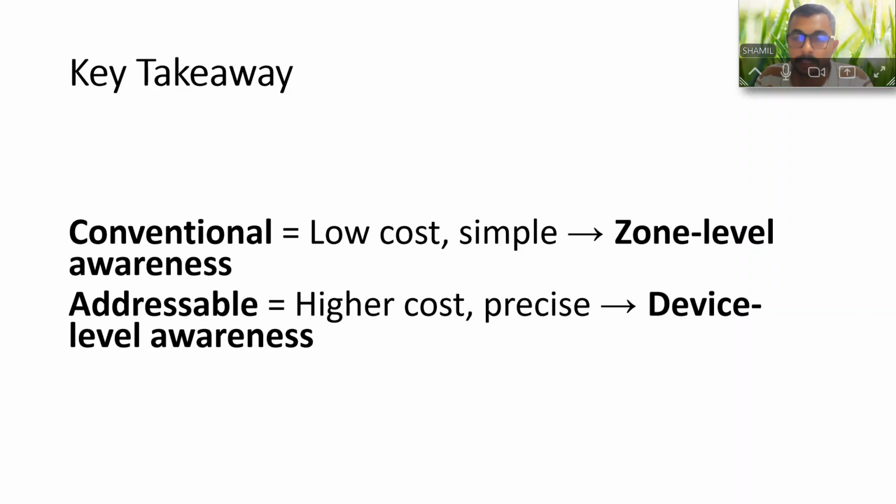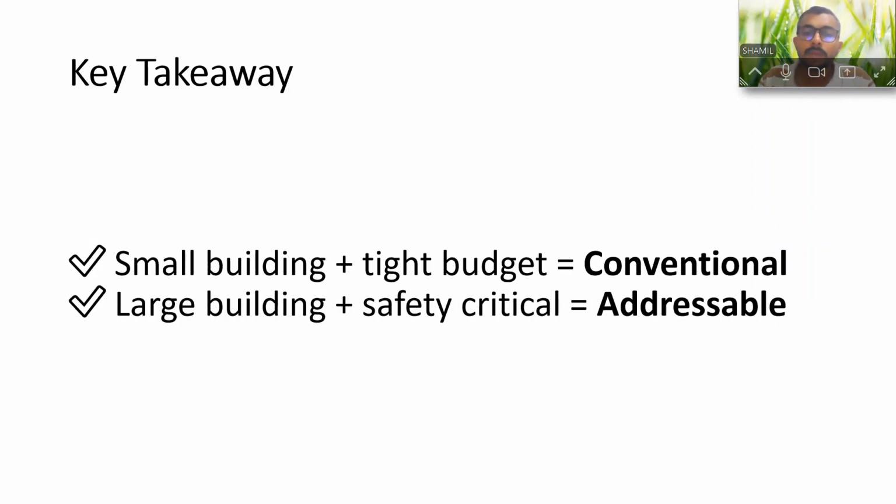For such locations, the addressable system is suitable. To summarize, if you have a small building and a tight budget, it's better to go for a conventional system. If you have a large building where safety is a critical factor, then it's better to go for an addressable system. Not better, it's compulsory to go for an addressable system based on the codes of the particular region.